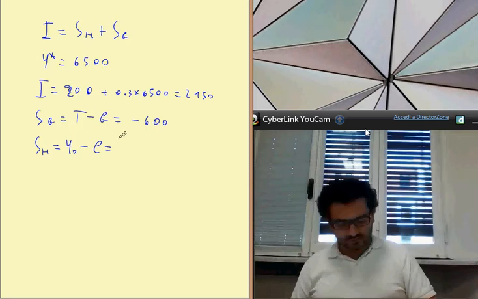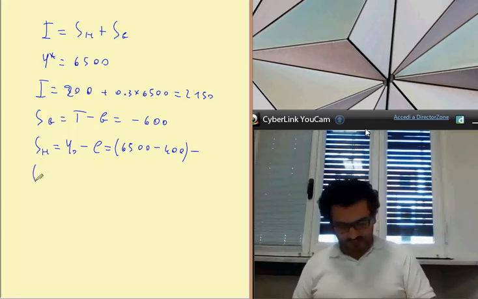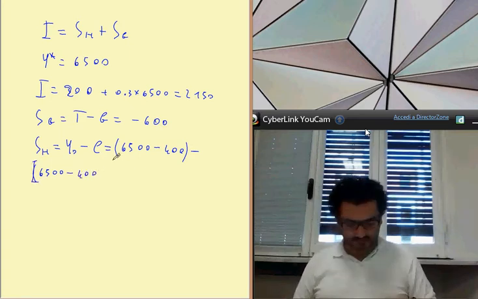So the disposable income is the income 6500 minus taxes, which are 400, minus consumption, and consumption is equal to the disposable income, which is 6500 minus taxes 400, so this is a square bracket.